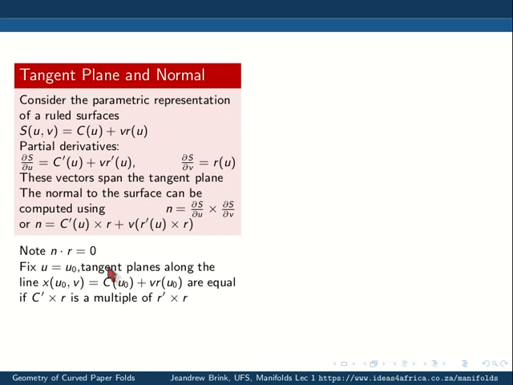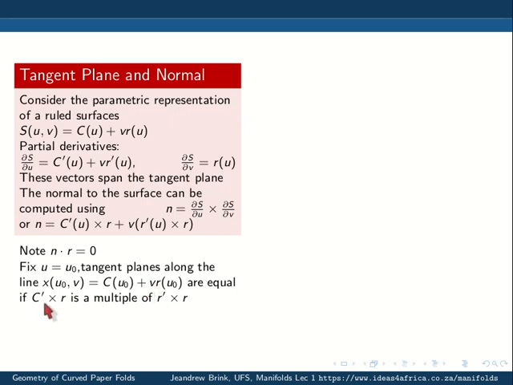And then the tangent planes along the line (u0, v). So you have the parameterized surface, and within the surface there's one line, like one of these yellow lines on my hyperboloid. It's a line that intersects the circle or the curve at a particular point, and then it simply has u0 constant all the way along the line. I can describe the line by the distance you have gone along your r, your directrix, for that line.